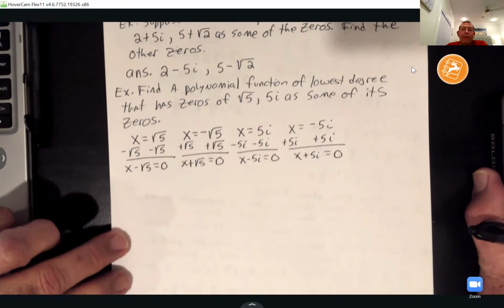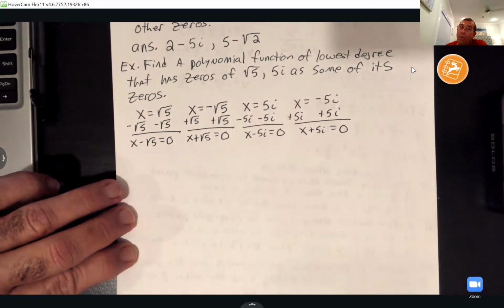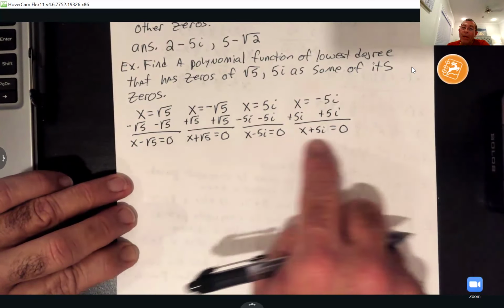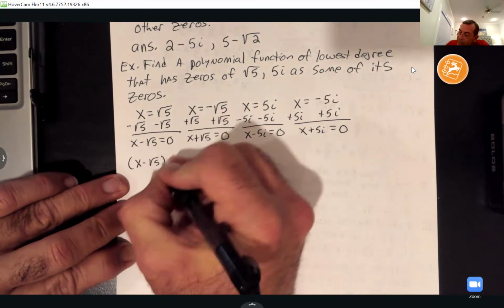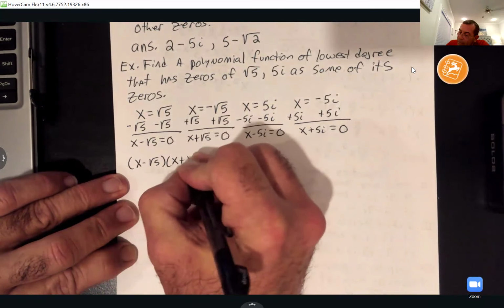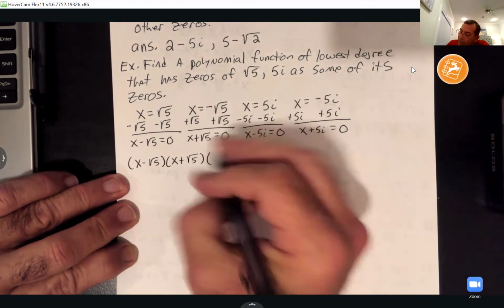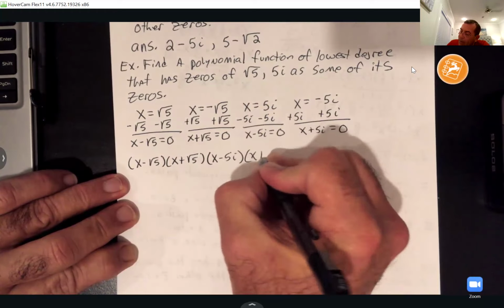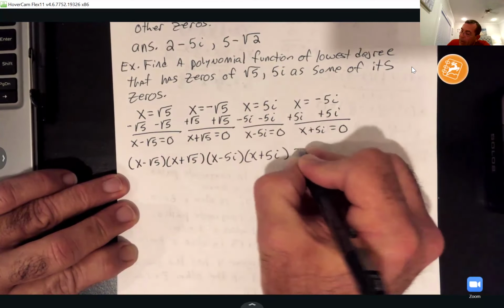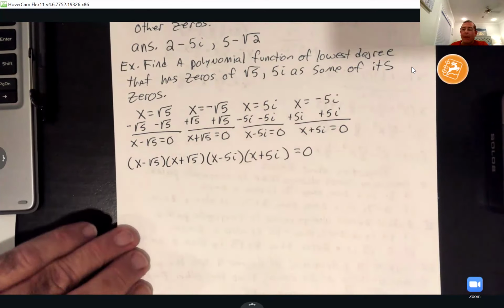All right, now I'm going to show you how to do some shorthand FOILing on this one. But I'm going to put everything in parentheses, all equal to 0. And guess what?